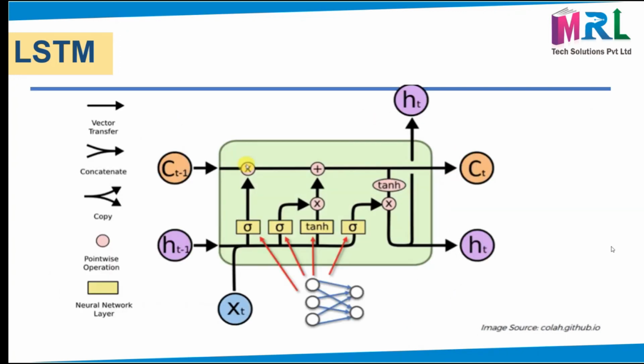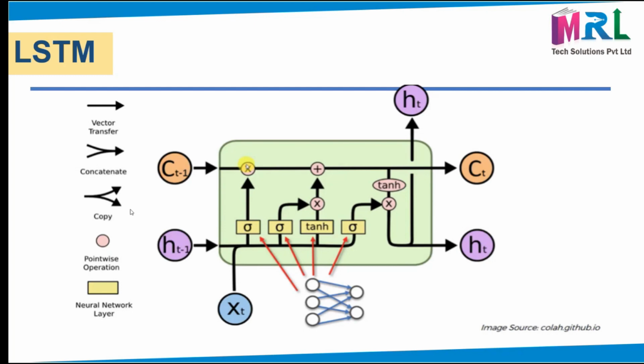When you see it in detail, we have CT. So CT stands for input from the memory cell in time t. Before that, this is time t minus 1, and this is the input to time t. The memory cell, and x of t is the input in time t.